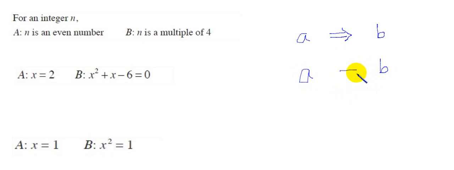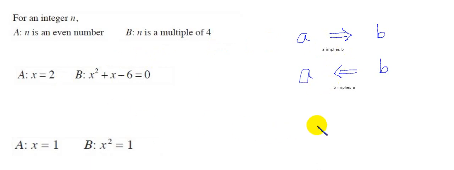Then we use this line, which says B implies A. Let me write this down. In the first one it says A implies B, and the second one says B implies A.